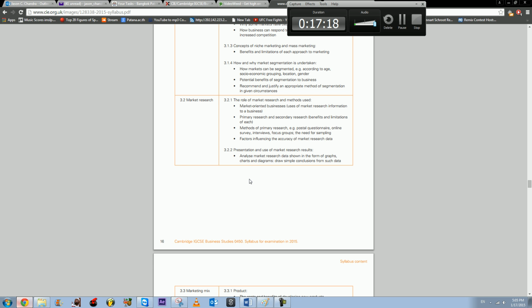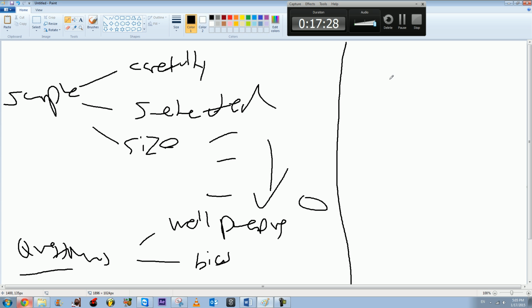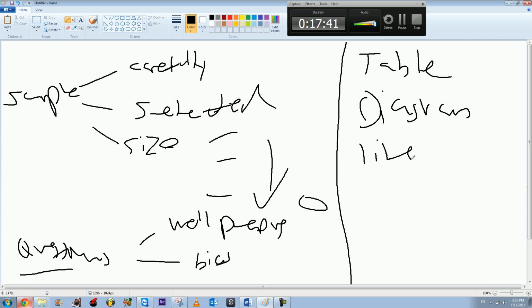3.2.2. Analyze market research data shown in the form of graphs, charts, and diagrams, and draw simple conclusions from such data. You can present them in tables, like all practicals, diagrams, line, bar chart, pie chart.